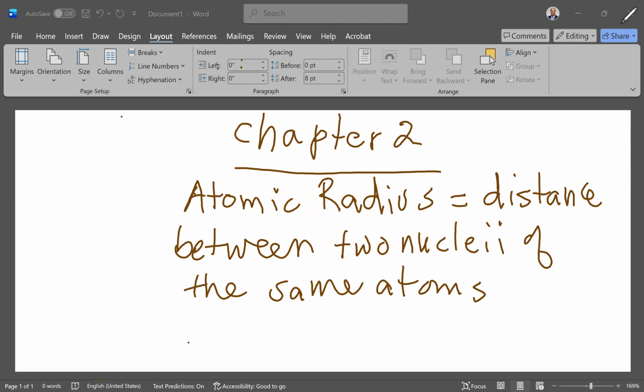So if I have here an atom, correct? This is the nucleus here. So then the other one will be here somewhere.